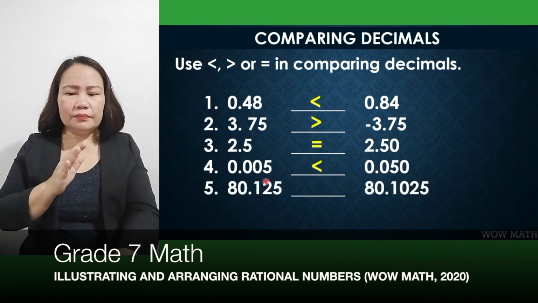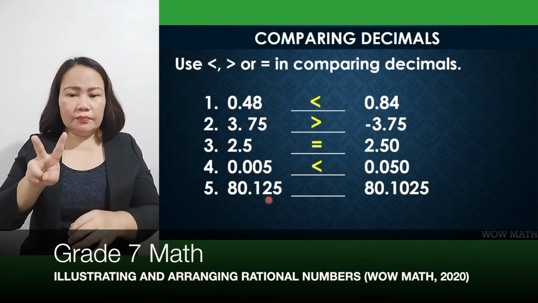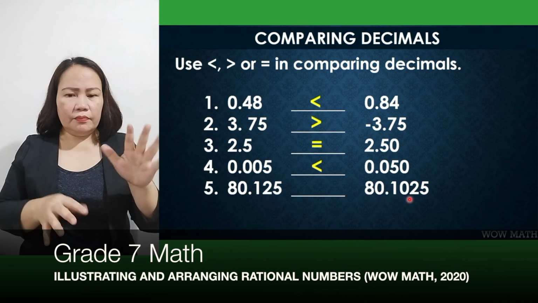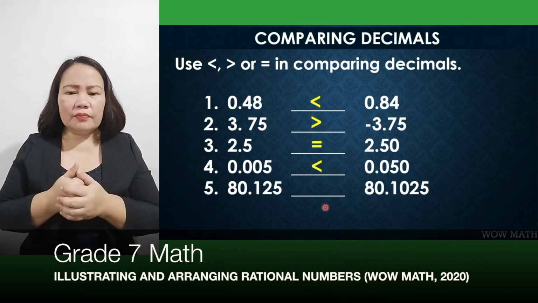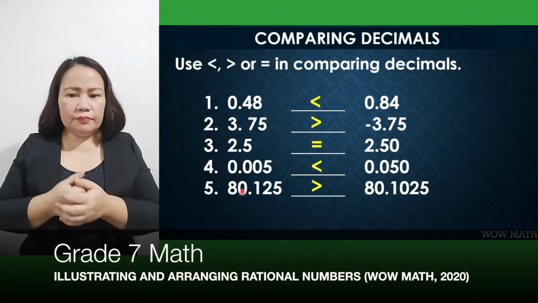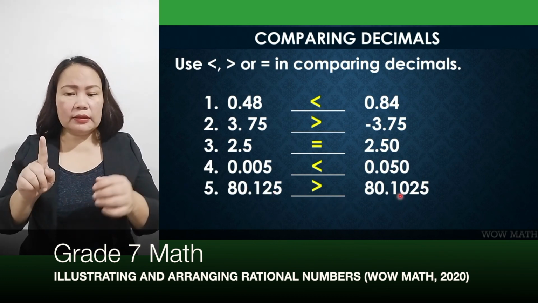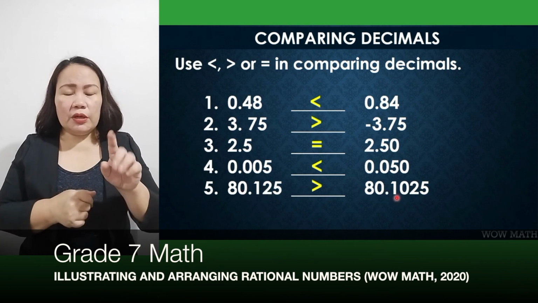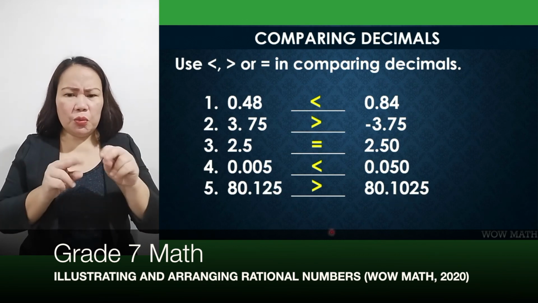And the last one, I have 80.125 and 80.1025. So, paano yan? So, anong mas mataas? Ito po. So, this is greater than this. Why? I know some of you will wonder, Ma'am, this is 1025. This is bigger than this.